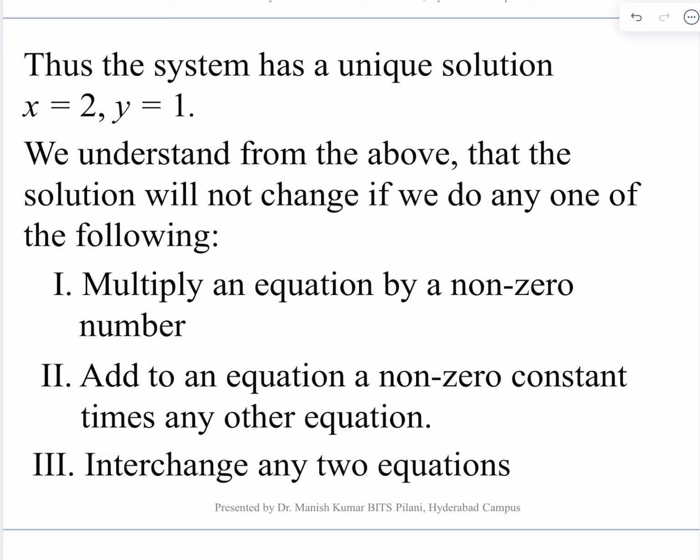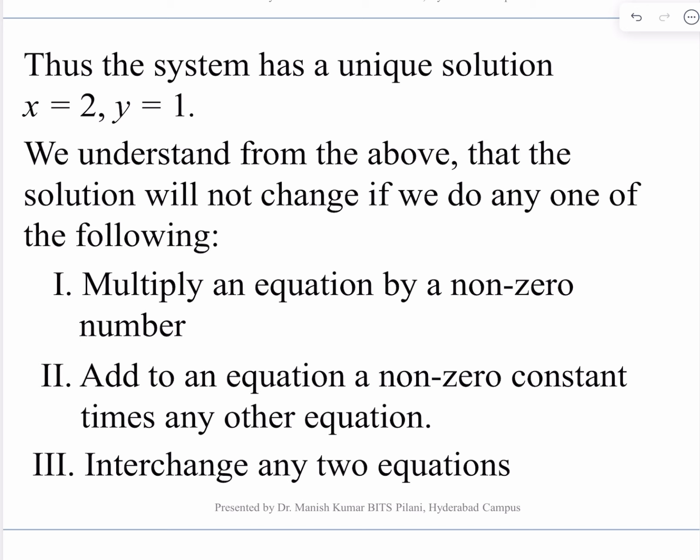Second property, add to an equation a non-zero constant times any other equation. Or third, interchange any two equations. So if I perform these three operations, then the solution for the given system is not going to change, right?